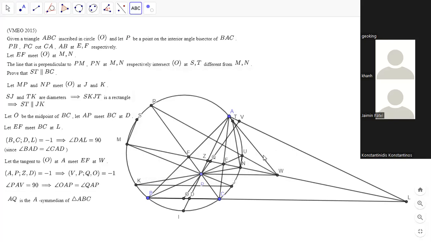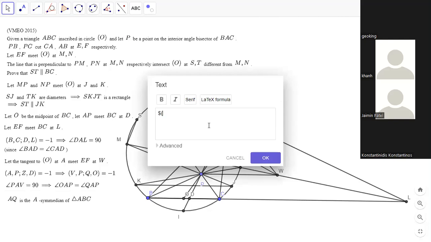And then once we know that, by a well-known lemma, that would mean that F, E, Q, W are in harmonic conjugation. So AW is tangent. That's by a well-known lemma.